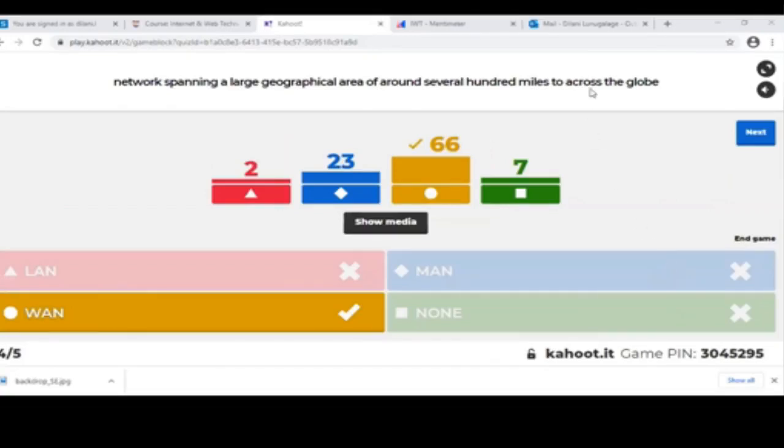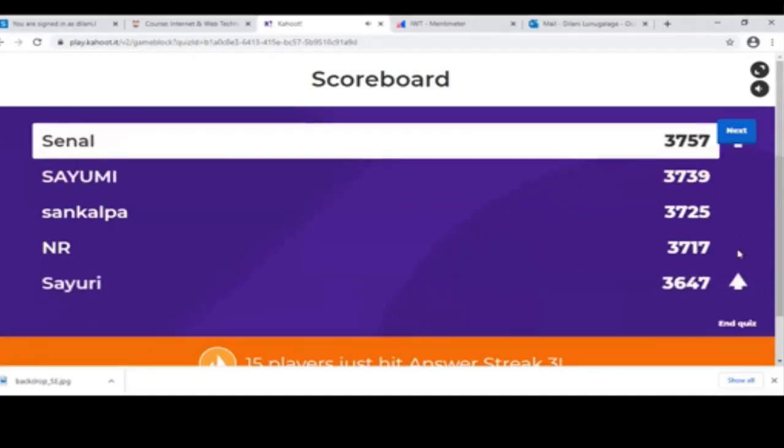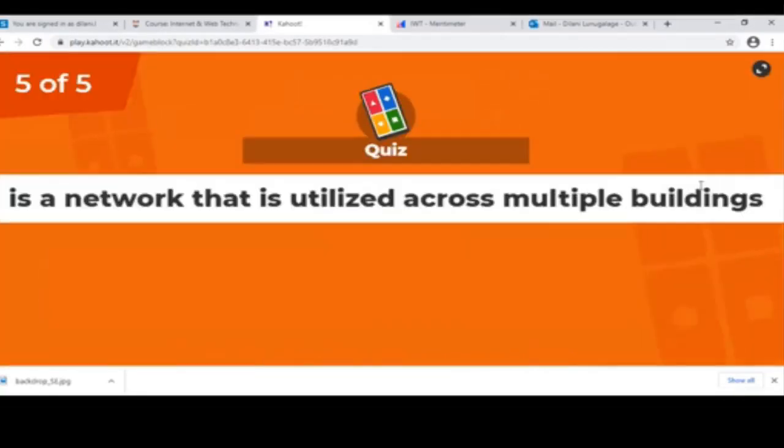Okay, when it says the words across the globe, it cannot be man, right? Okay, so 66 people got that one correct. Let's see who's leading. Yes, Senal is leading now. Come on, Sayumi, you can do this. Okay, last question.